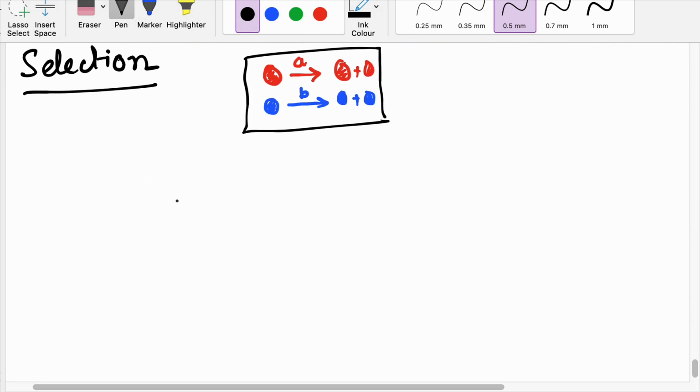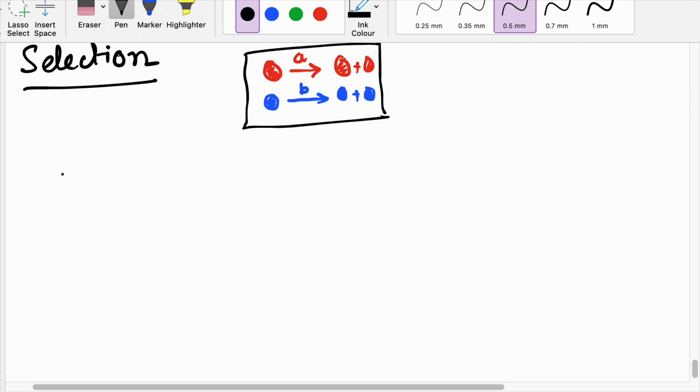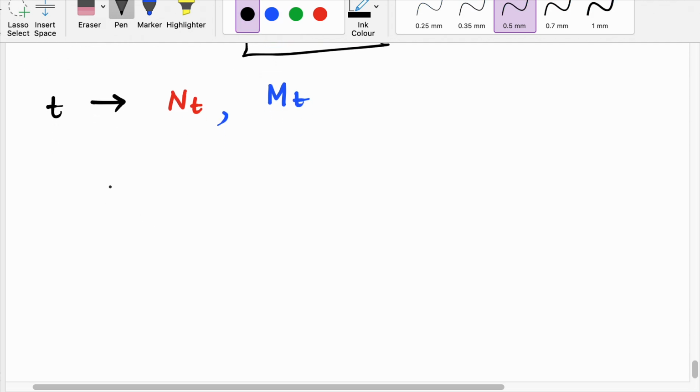Suppose the number of bacteria at time t whose behavior is red is denoted by n(t), and the number of the other individuals present at time t is m(t).